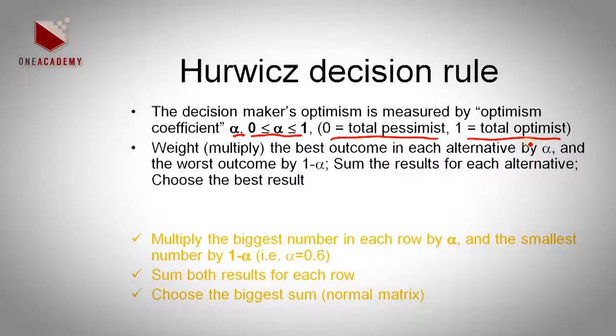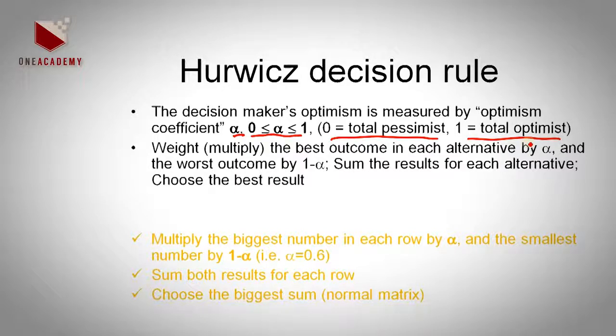And what we do is we weight with, or multiply basically, with alpha the best possible outcome for each alternative, and with 1 minus alpha, so with the residual after alpha, we multiply the worst possible outcome and sum the result of each alternative.